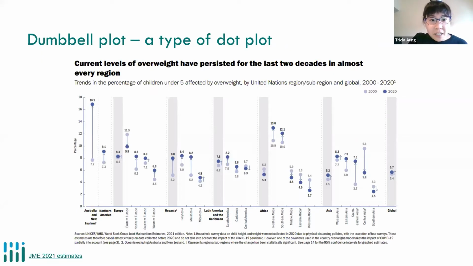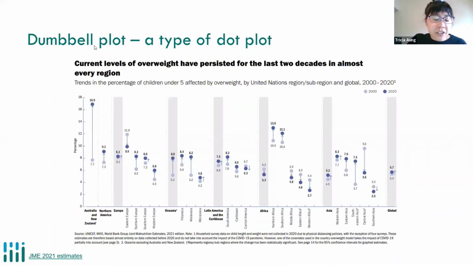This is another example from this year's JME report, which had a lot of dot plots. Again, similar to the equiplot I just showed you, the focus of these dumbbell plots is on the gap between two different groups.